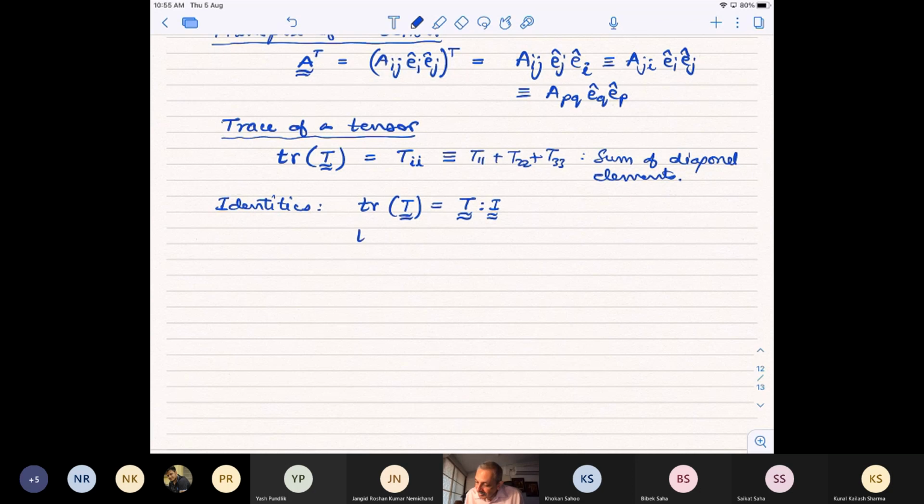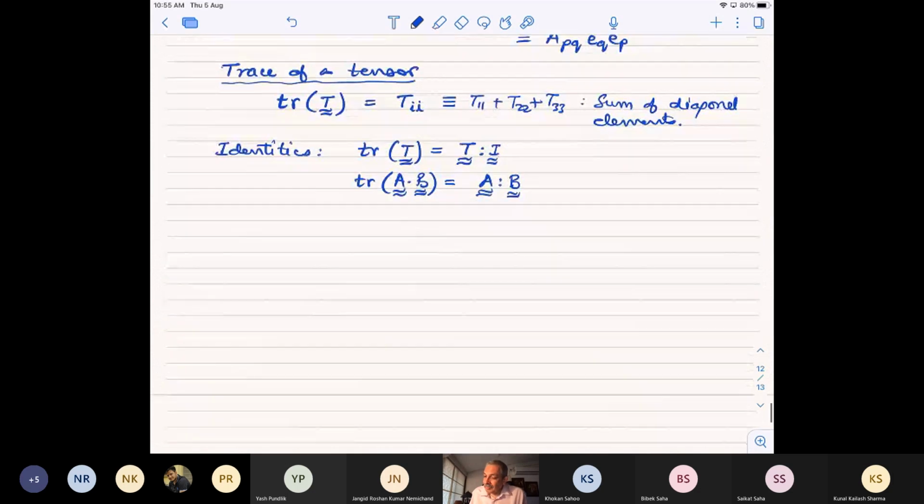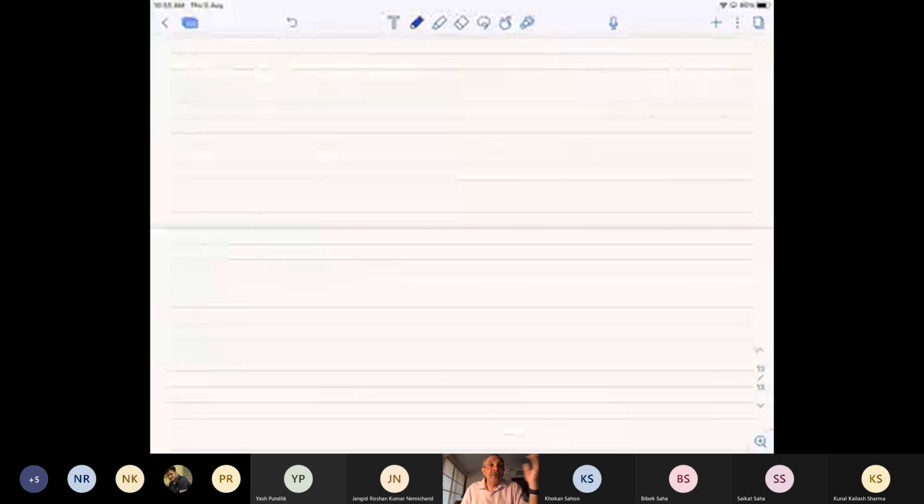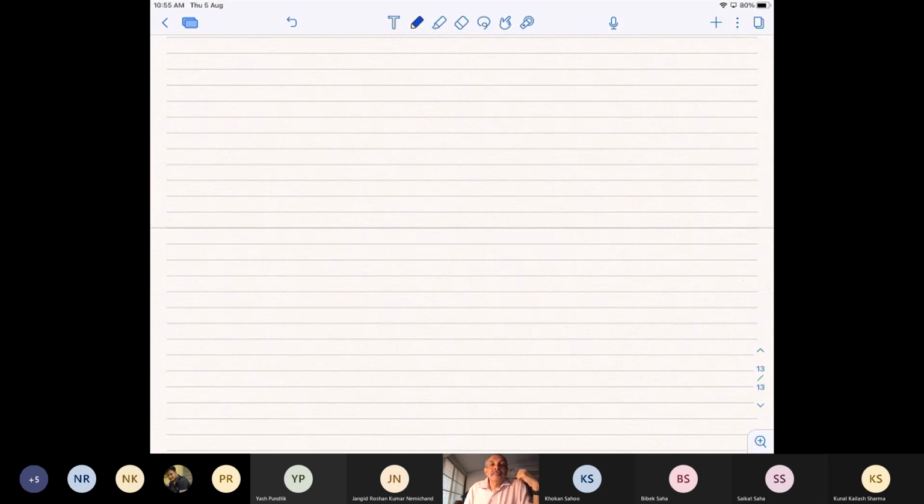And if you take the trace of A dot B, then this is the same thing as A double dot B. We have given all the definitions, so you can easily derive these by putting them into component form on both sides, and you'll get the correct answer.